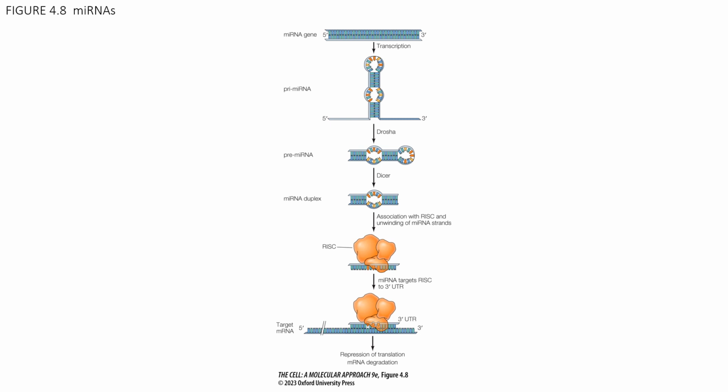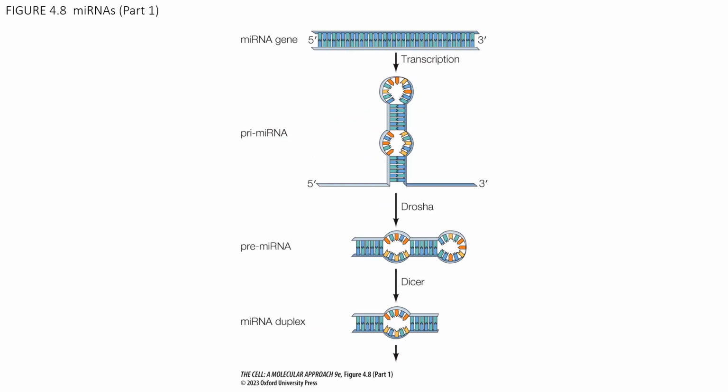So if we have an mRNA that is simply starting to fall apart, where the amino acid chain is starting to degrade, then very simply the miRNA will help degrade and block any further translation of this particular mRNA sequence.